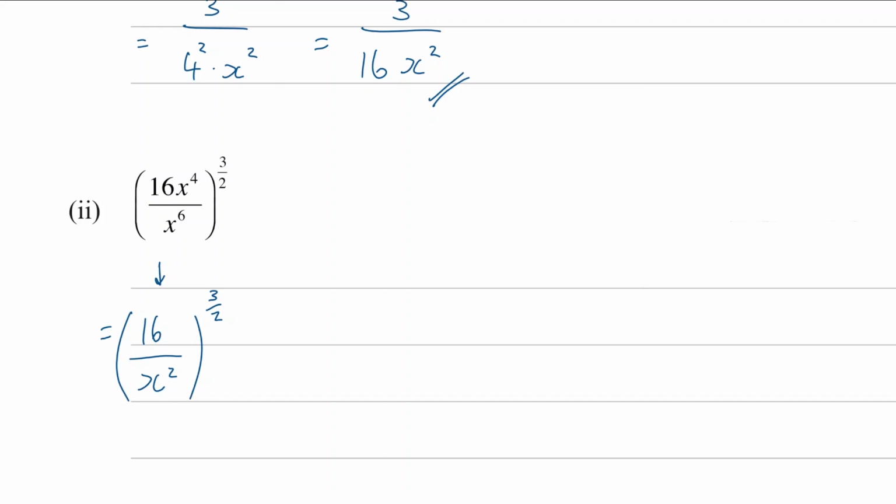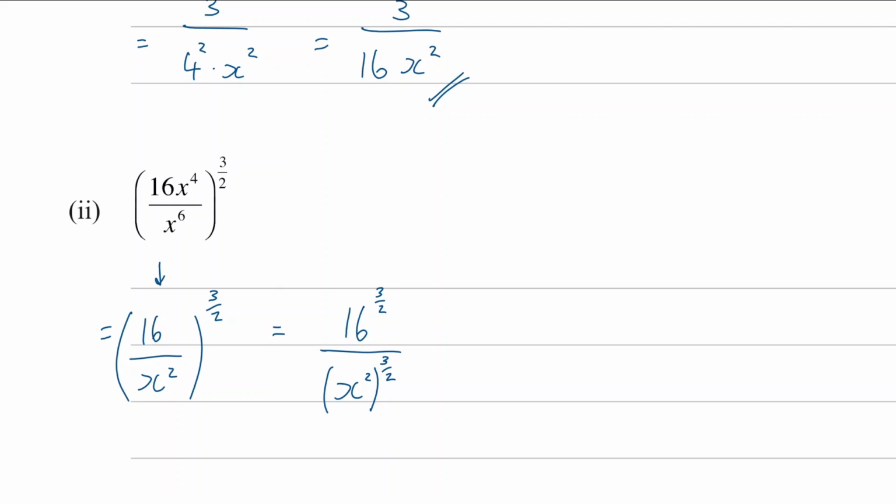So this power of 3 over 2, we can distribute that across each term, which gives us 16 to the power of 3 over 2 divided by x squared, all to the power of 3 over 2. So we distributed the power because we were dividing in the bracket.